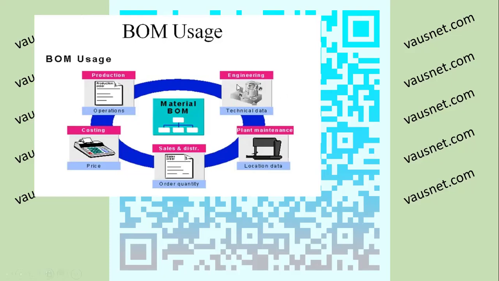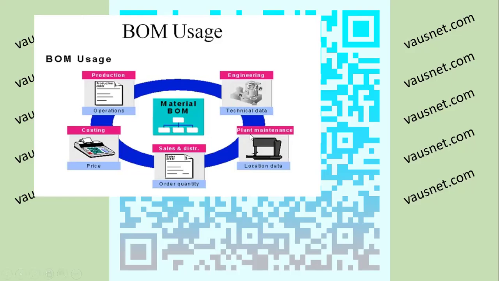In engineering, yes, when we are actually going to produce a product, the engineering department will need the bills of material, the BOM, to look at what components will be needed. Plant maintenance, yes, for plant maintenance, if there is heavy equipment or a bigger plant, there is a list that has to be checked, maintained and repaired.